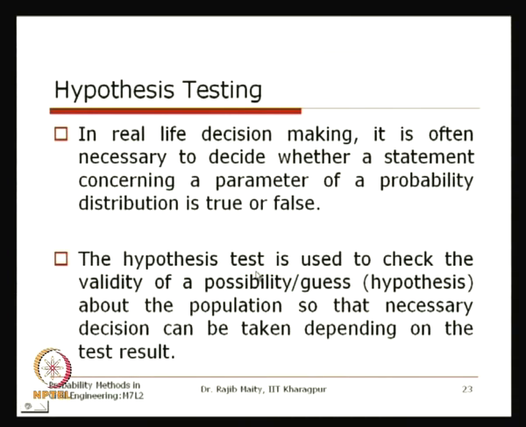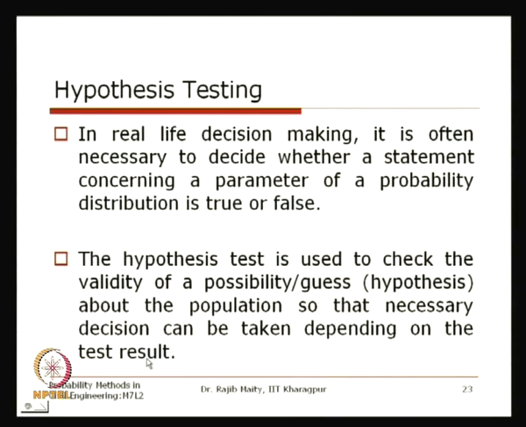A hypothesis test is used to check the validity of a possibility or guess, which is basically known as the hypothesis of one possibility. Yes, this may happen like that. So, about the population, the necessary decision can be taken depending on the test result.